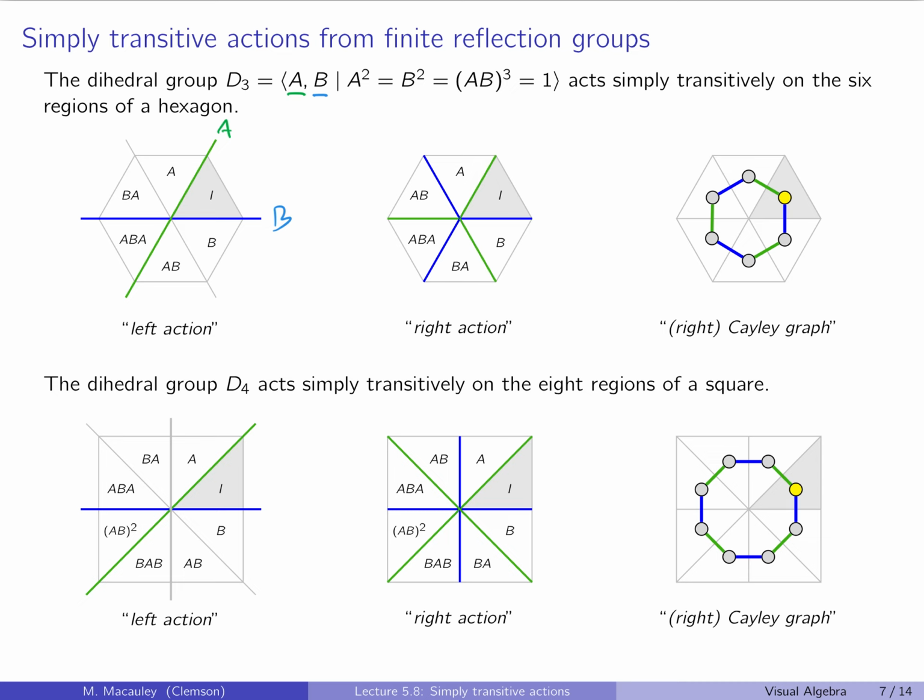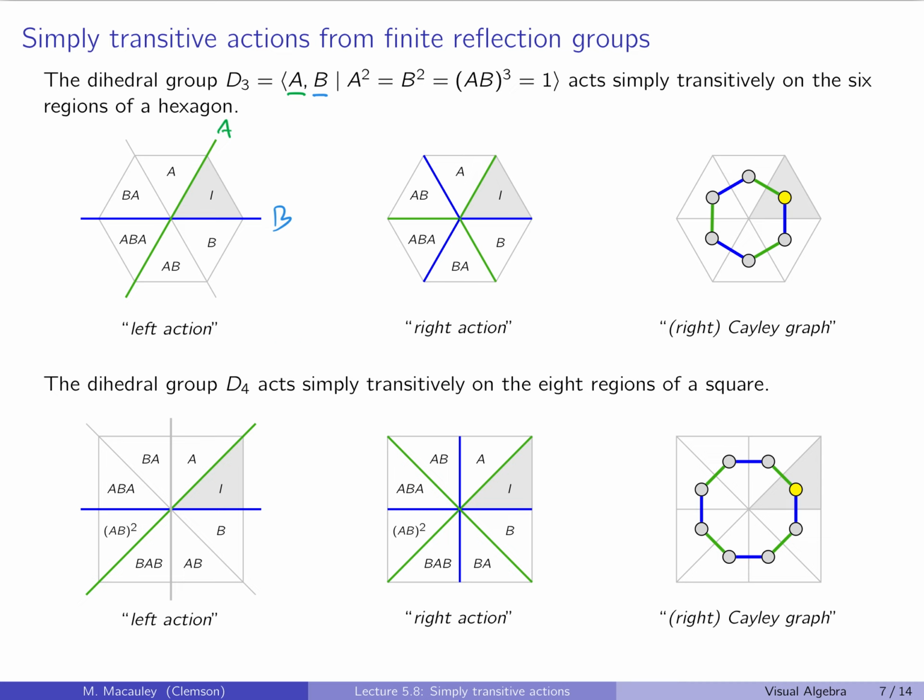Now, I will say, if you see examples of this out in the wild, like on Google and elsewhere, you might see these things switched, calling this a right action and this a left action, and that will happen if you're reading things from left to right, which is, again, probably more common. So these define Cayley graphs.